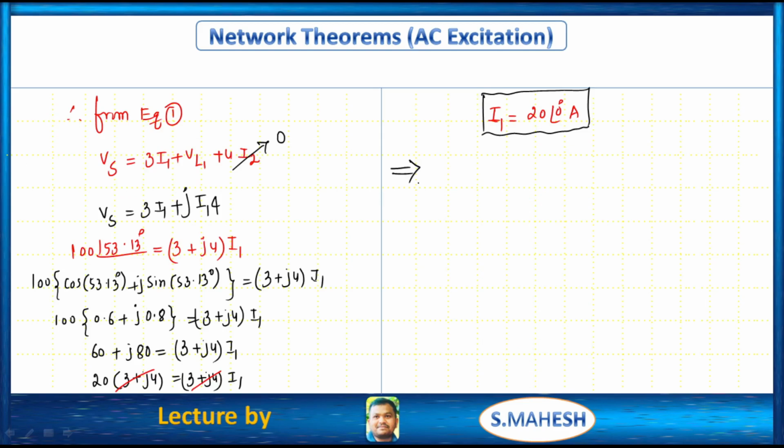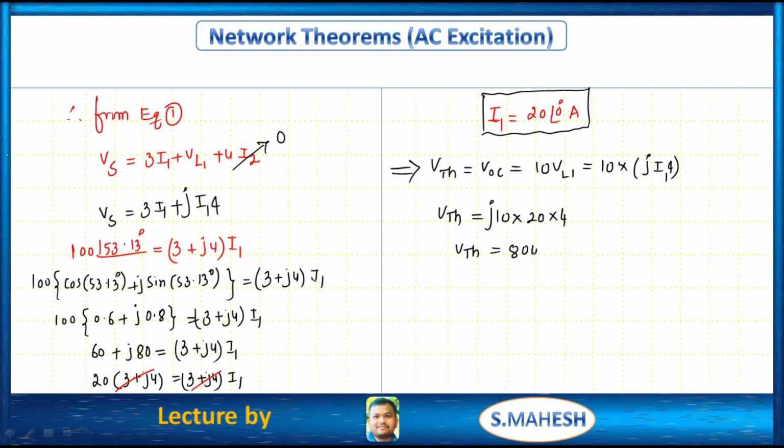Therefore VTH, which is equal to VOC, is 10 VL1, where VL1 is j4 into I1. So VTH equals 10 into j4 into 20 at an angle 0, which is 800j.